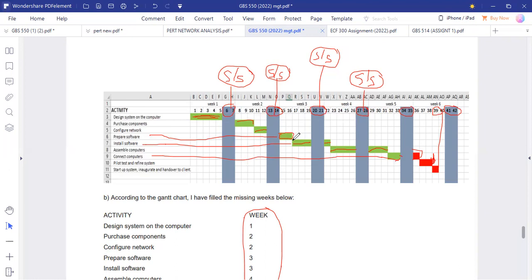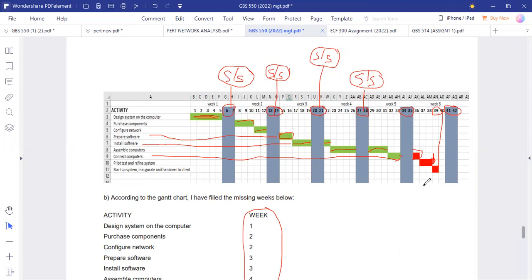Install software is completed in week 4, but started in week 3. Then assemble computers started in week 4, but completed in week 5. Then connect computers started in week 5, but ended in week 6. Then pilot test and refine system is just completed in week 6. Then set up system is just completed in week 6.